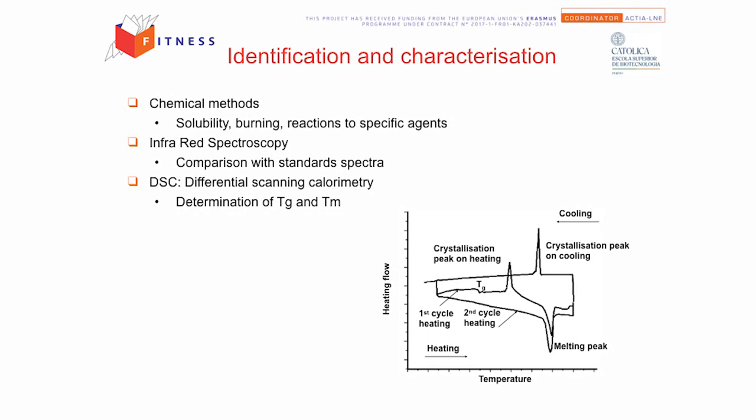And the other method that is quite used also, not only to identify but also to characterize, is differential scanning calorimetry, where we are able to determine the glass transition temperature and the melting temperature and other thermal transitions, that not only allow us to identify but also to characterize the thermal history of the material.